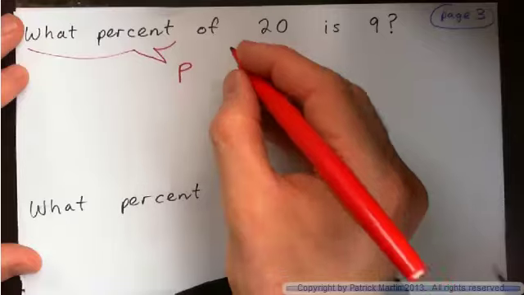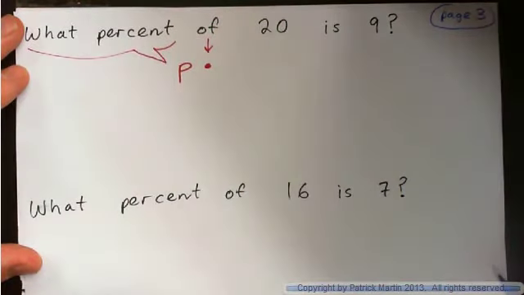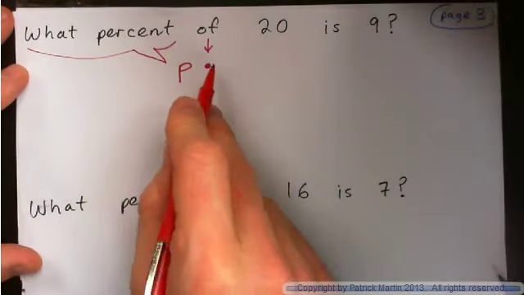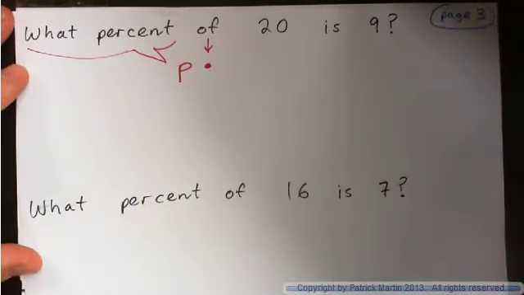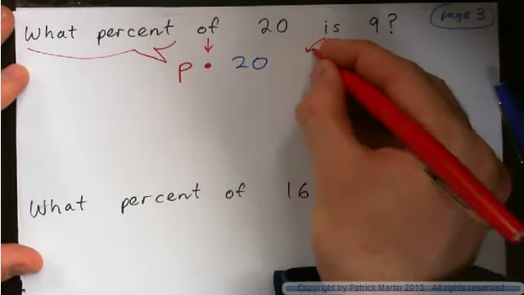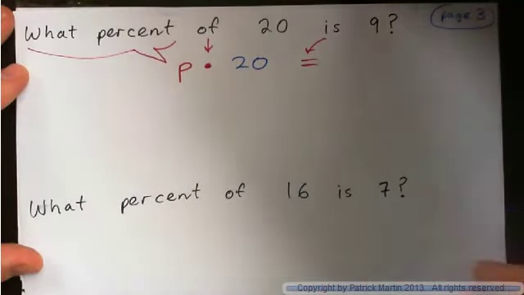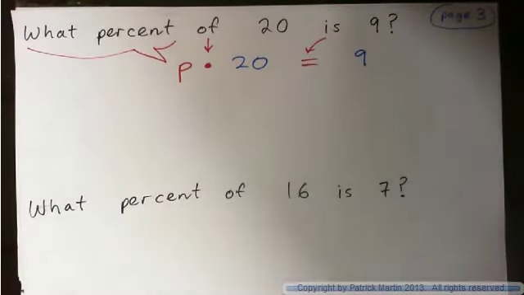Okay, of means multiply. What percent P of 20, so 20 comes next, is, the word is can be represented with an equal sign, is 9. See that? What percent of 20 is 9?